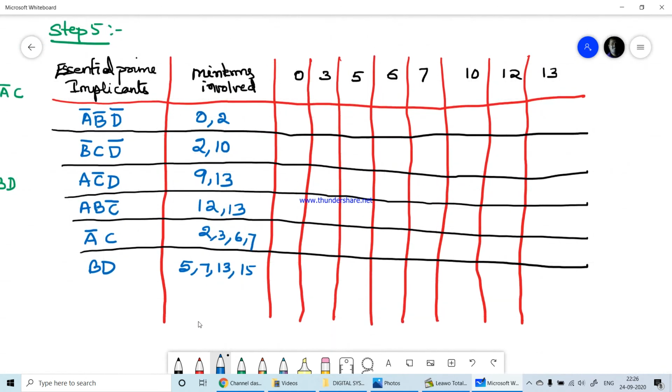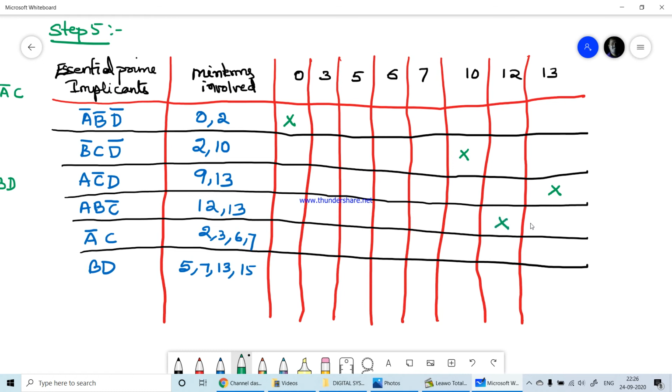Now I need to put a cross for all those min terms present here. 0 is there. 2 is not there because it is a don't care, so let us not bother about that. Now we have 2, 10. 2 again we need not bother; 10 is there, so I'll put a cross mark. 9, 13. 9 is a don't care, so we will not bother, but we will cross 13. 12, 13, we have both.